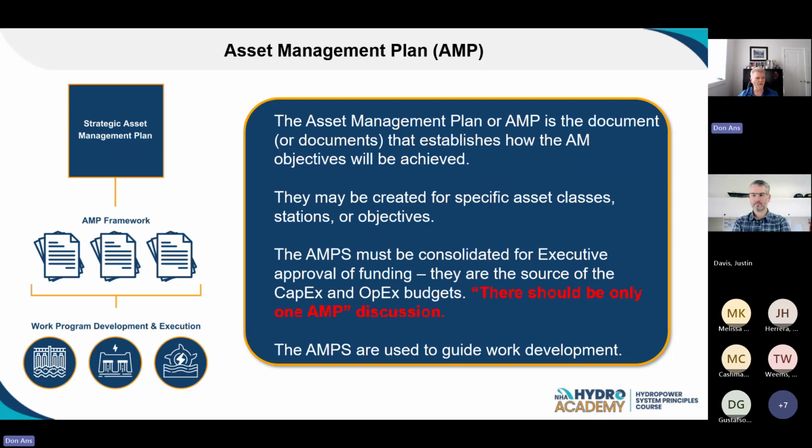So the intent is you would pull all of these various AMPs together, make it into your overall one investment plan, one for OpEx and one for CapEx. And then those are the ones that go to the executive for approval. So that's the way the process is intended to work.